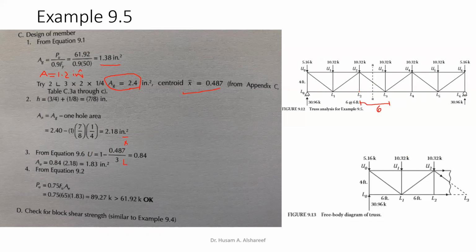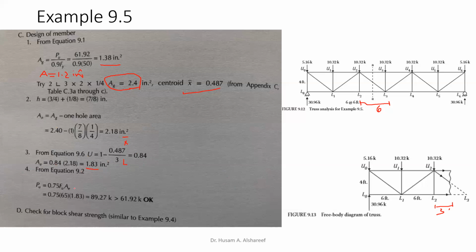Now we're taking half here per our section, which means the length from here to here is 3 feet. And that's what we have: 0.87, that's your U. To find the effective area, we multiply U by the net area, and our effective area is 1.83 inch squared.